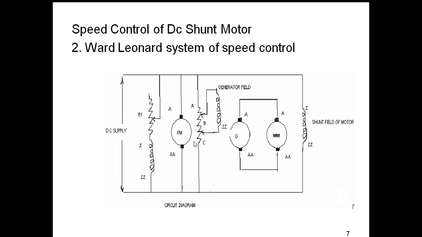Means so this motor runs this generator, and the supply for this motor is given by some external means, and the speed of this motor can be varied by connecting a rheostat in the field circuit.